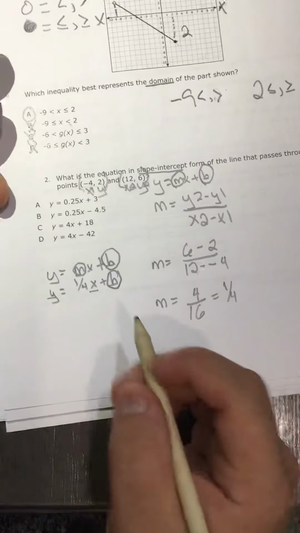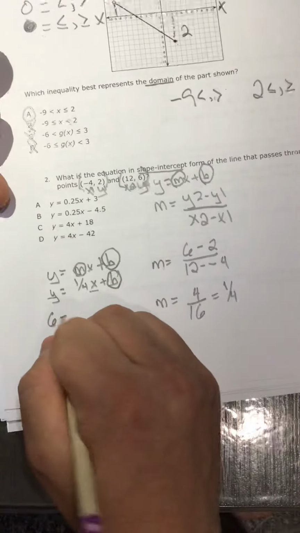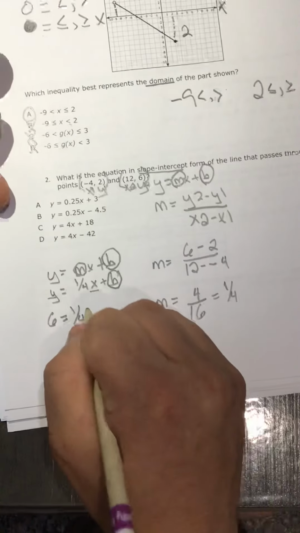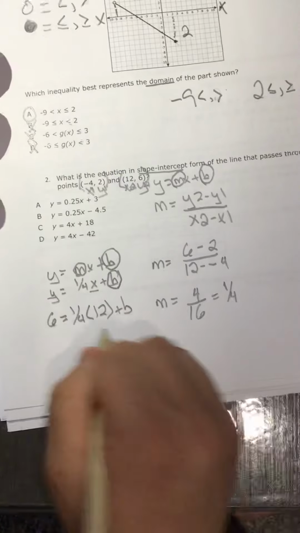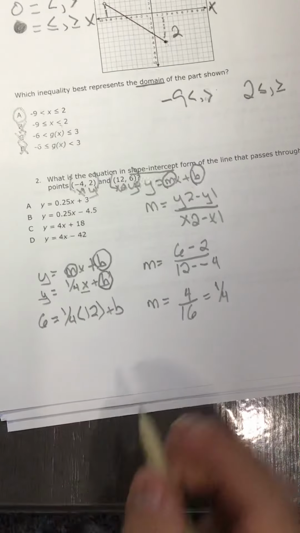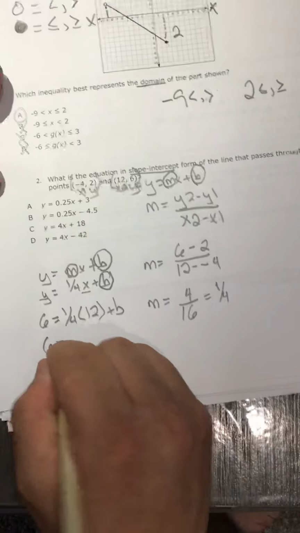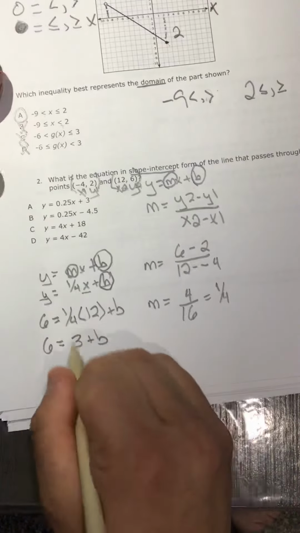So here we'll use the second one. So we'll use y. Y is 6 equals 1/4 of x, which is 12, plus b. We simply will solve for b. Hay que saber qué es b en nuestra respuesta. 6 equals 1/4 of 12 is 3 plus b. We need b alone.